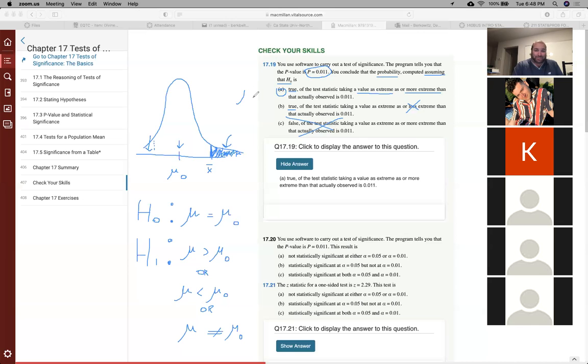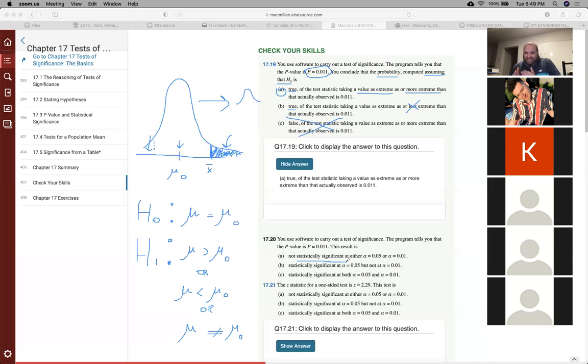Chances are it's really much further to the right. If I ended up somewhere over here, this is much more likely of a scenario than this one. Yes, if you end up so far away from what you expect, the p-value is really small. In other words, the likelihood of getting that, if the null hypothesis were true, is so small, I would reject the null hypothesis. That's what statistically significant means.